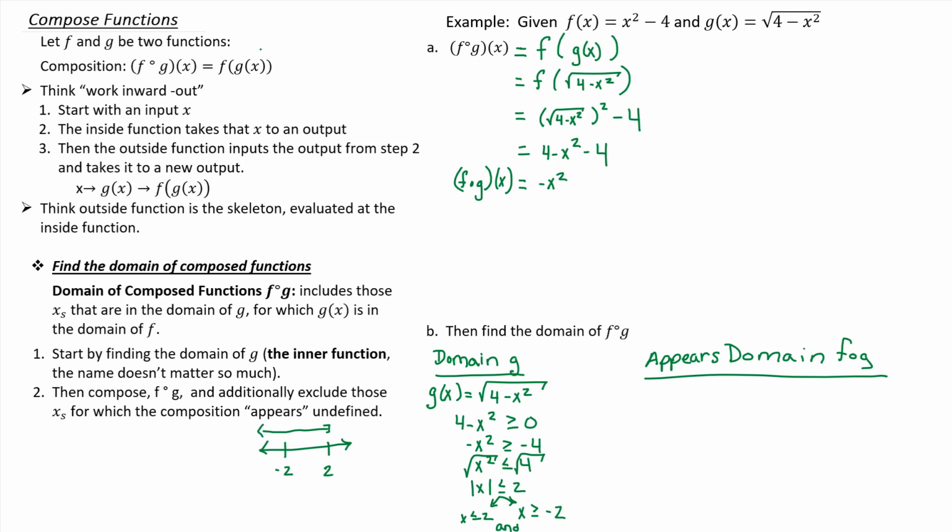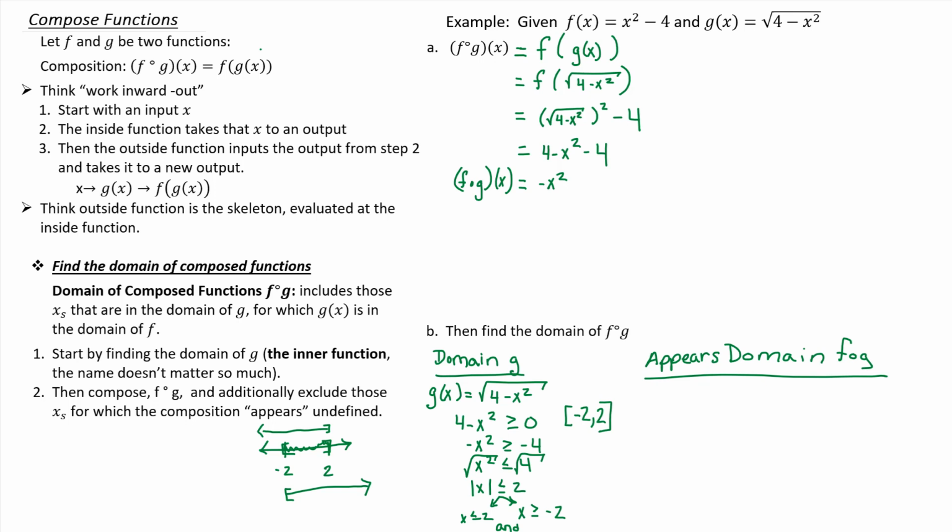And x is greater than or equal to -2, that's all of this. So we need the intersection of those two, which is from -2 to 2. That's where those two shadings overlap. So the domain of g is -2 to 2, inclusive of both endpoints, hence the brackets.